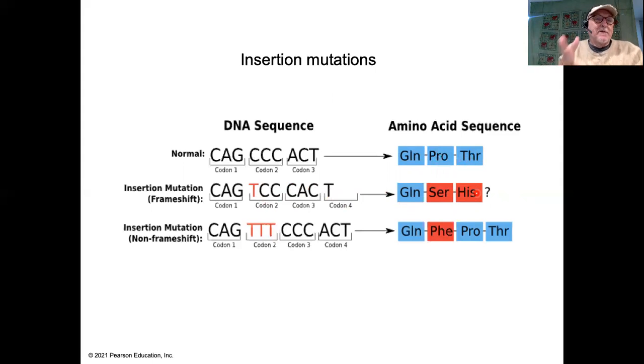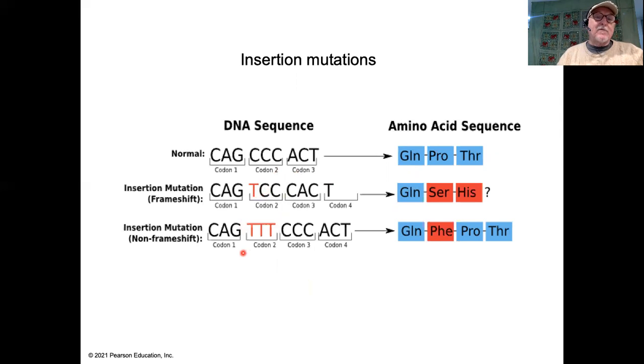Who knows what the impact will be, but it's surely not going to result in anything which functions like the original polypeptide. A similar thing happens if we insert 2. We shift the frame 2 bases and still end up with a completely different sequence.